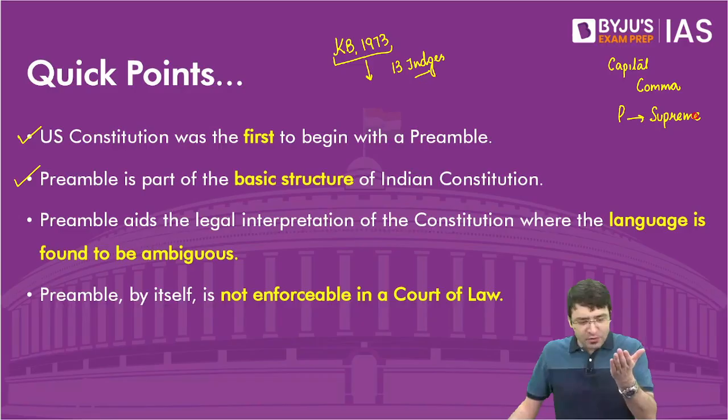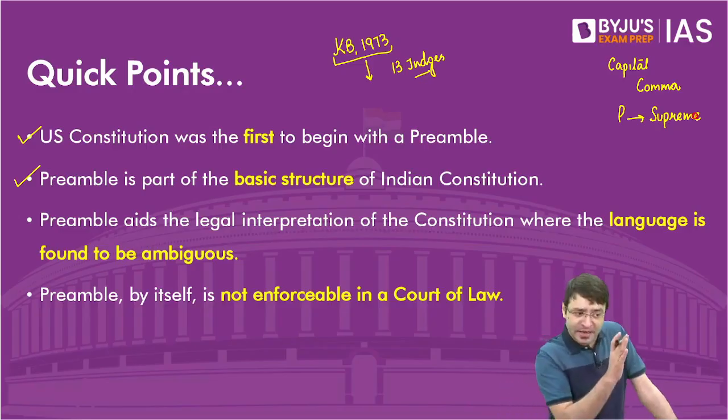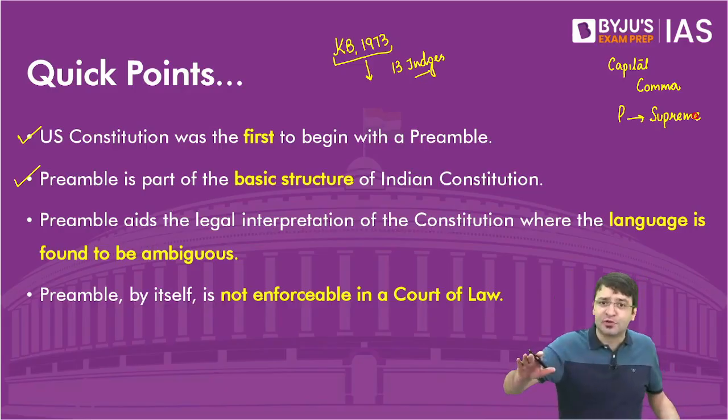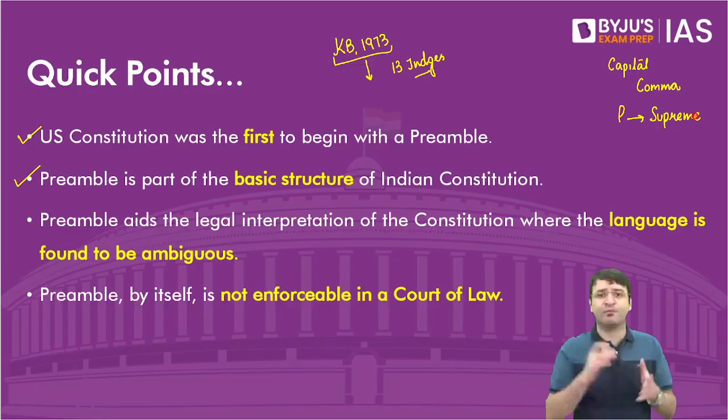When we look at the Constitution of India, nowhere was there a limitation on the powers of the Parliament. It was not mentioned anywhere that Parliament can amend these provisions of the Constitution, but not these provisions of the Constitution. There was no such restriction, no such limitation whatsoever.